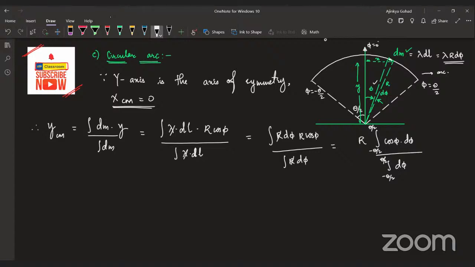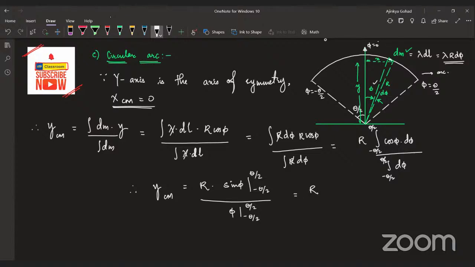All right. Integral cos phi is sin phi. So sin phi with limits going from minus theta by 2 to plus theta by 2, divided by integral d phi, which is phi, again with limits from minus theta by 2 to plus theta by 2.